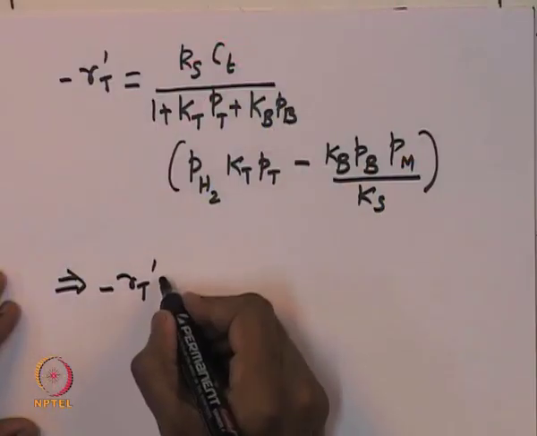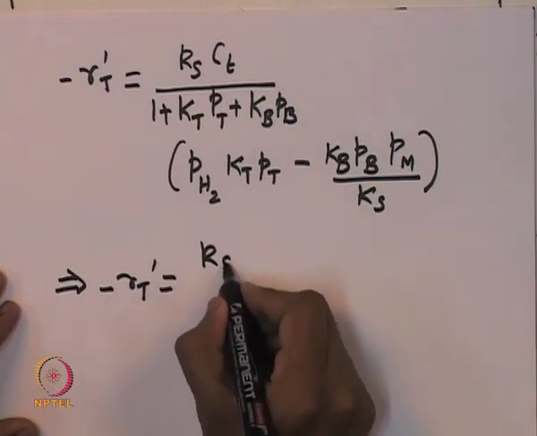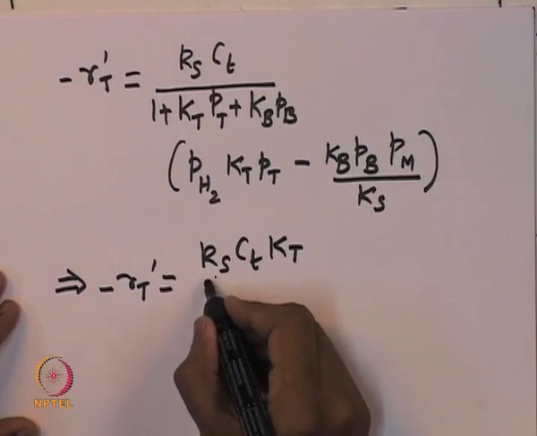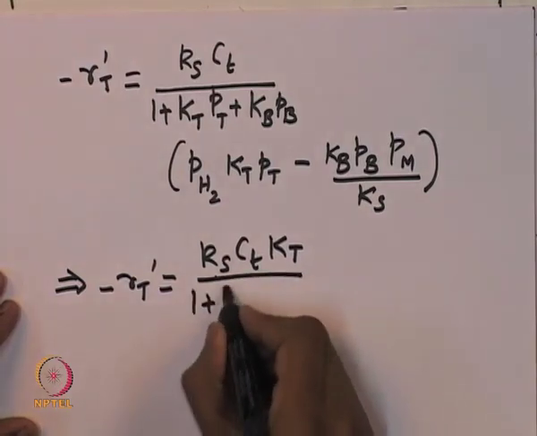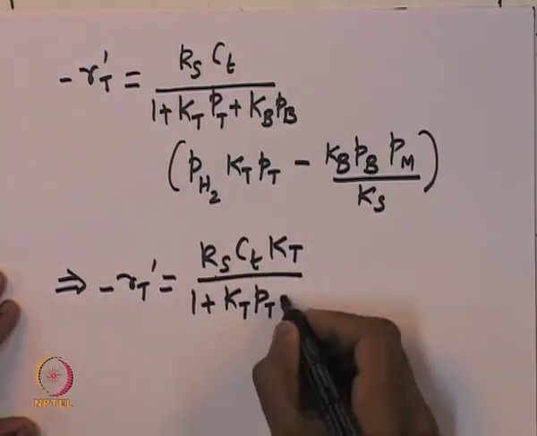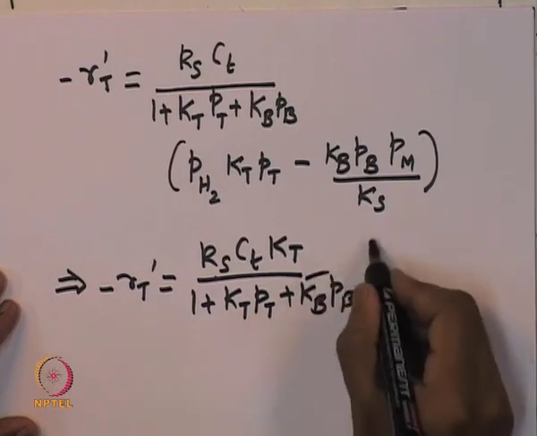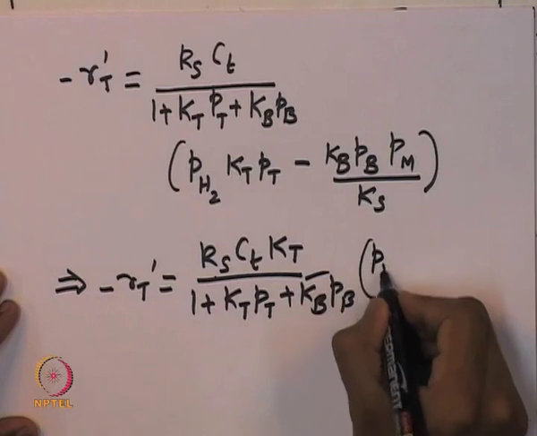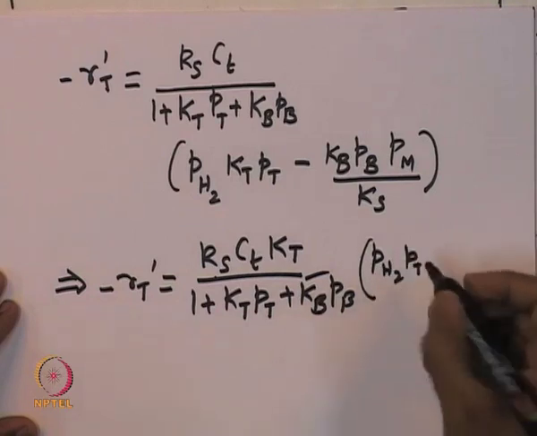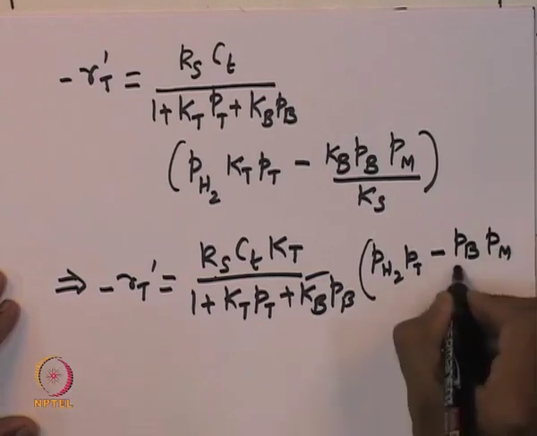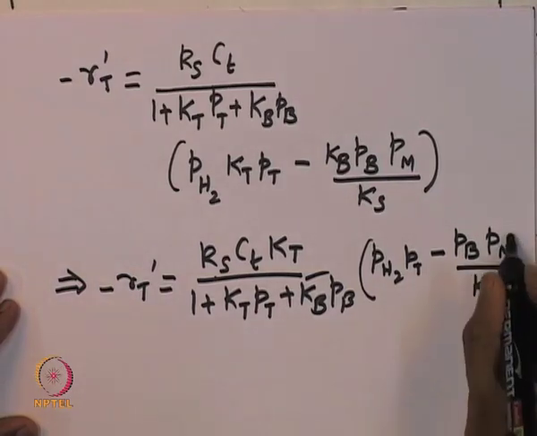Okay. So, from here we can rewrite this as minus Rt prime equal to Ks Ct. So, pull out Kt from the expression, divided by 1 plus Kt Pt plus Kb into Pb, that multiplied by partial pressure of H2, partial pressure of toluene minus partial pressure of benzene, partial pressure of methane divided by another constant Kp.